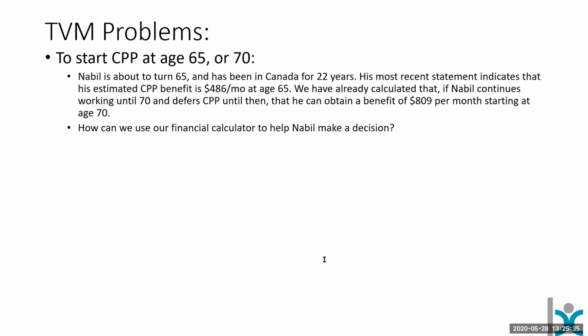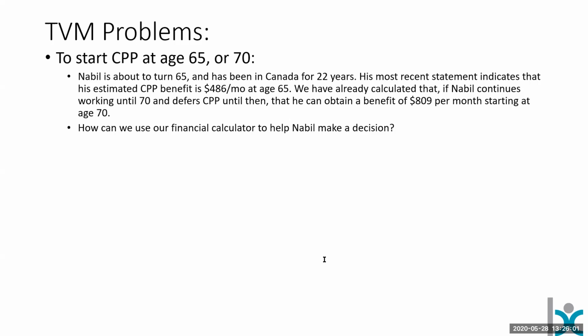So do we remember roughly how the post-retirement benefit, oh, sorry, this is not my PRB question. This is my delayed CPP question. All right, so anyways, we're going to do this one. So do you remember how delayed CPP works? What happens if Nabil says, I don't want to start CPP at 65?